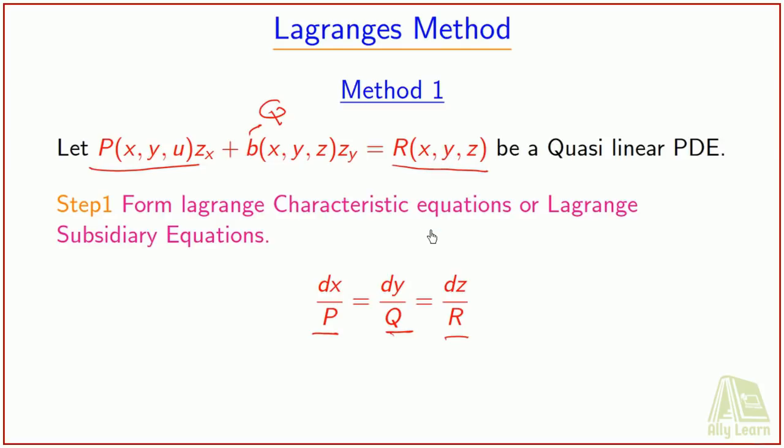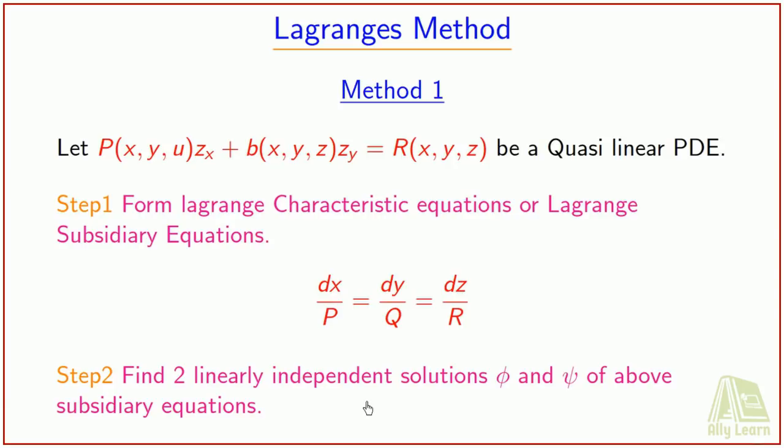So firstly, when you are given the first order quasi-linear PDE, the first step is to form these Lagrange subsidiary equations. And then the second step, as I already told you in the previous theorem, is to calculate two solutions phi and psi of these Lagrange equations. Step 2 is to find two linearly independent solutions phi and psi of the above subsidiary equations.